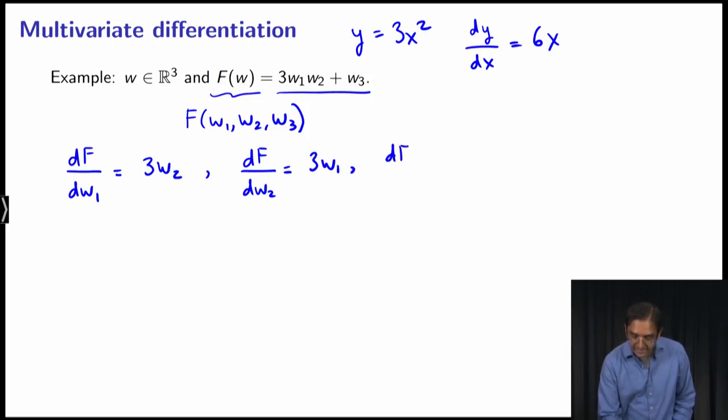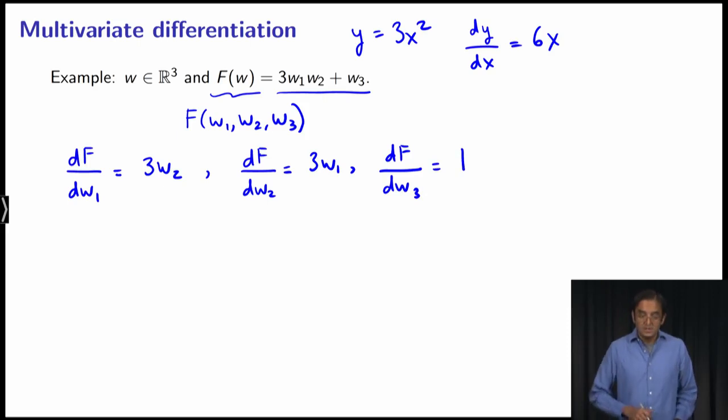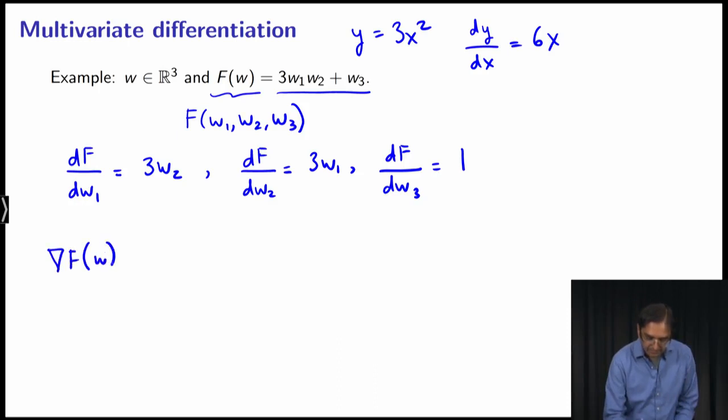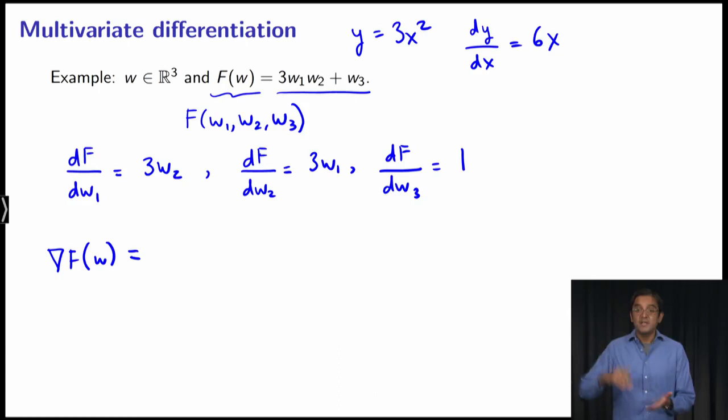And finally, let's take the derivative with respect to w3. And there's only one term that involves w3, the last term. The derivative is 1. Okay, so those are the 3 separate derivatives. The overall derivative of f, which we denote like this, is obtained by just stacking together these three derivatives with respect to a single variable.